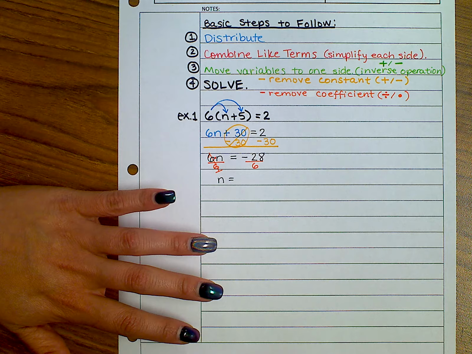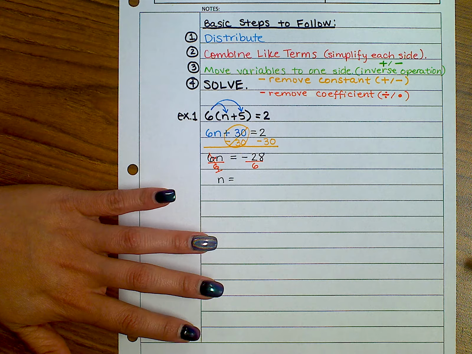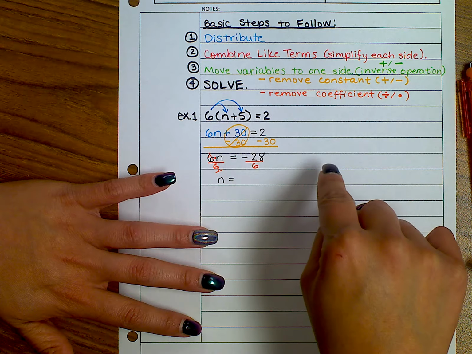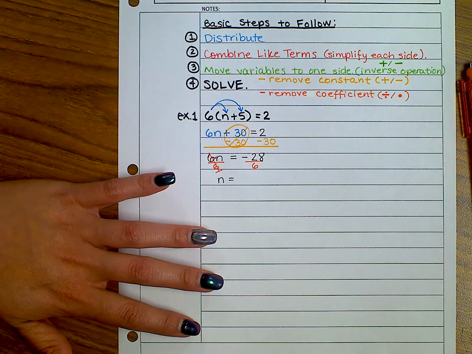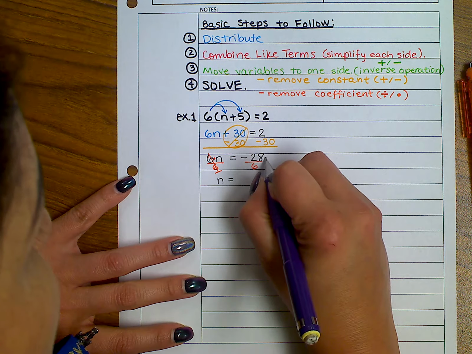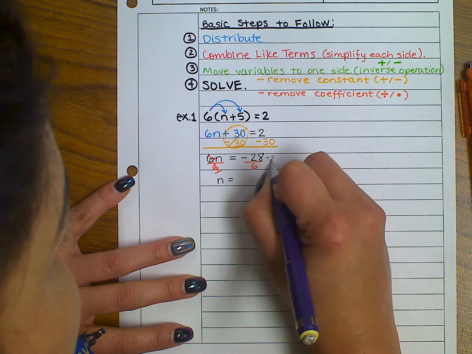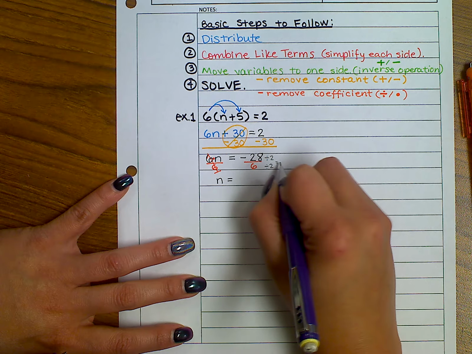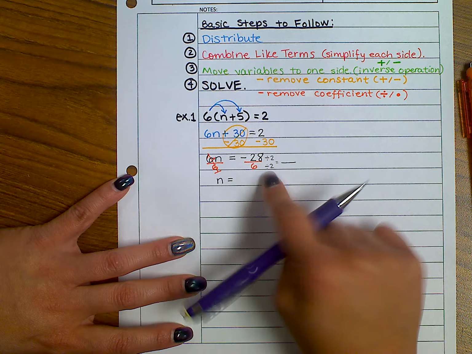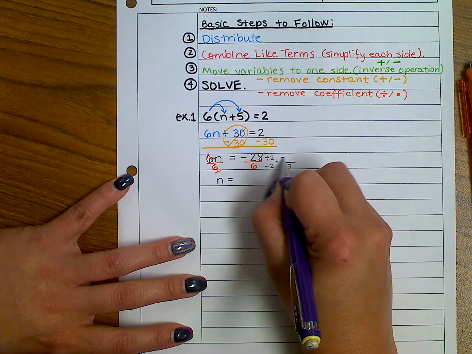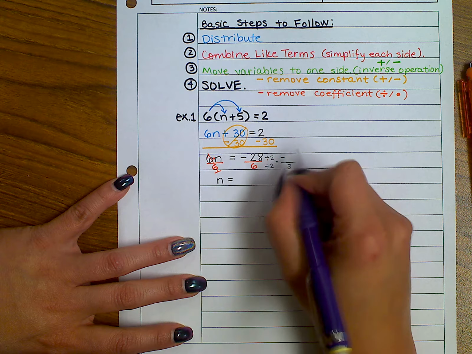What I would want to do is just make sure and see if I could simplify it a little. Because both of these are actually even numbers, so I know that I can divide both of them by 2. So let's do that. Let's divide by 2. And that leaves me with, well, this one's easy. 6 divided by 2, that's 3. Negative 28 divided by 2.